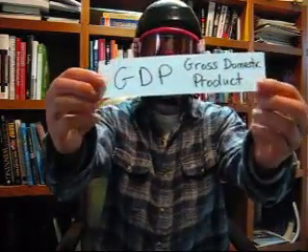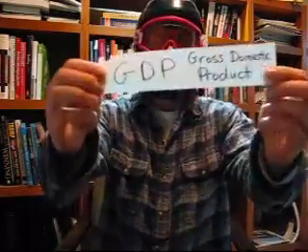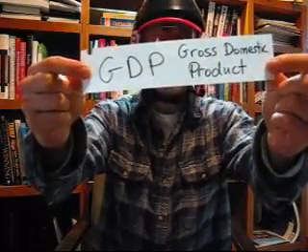Today's lesson starts with GDP, and we will do the components of GDP. Gross domestic product. Remember, this is the measure of all of the stuff that is produced and all of the services in a year for one country. So it's a measure of the whole economy.